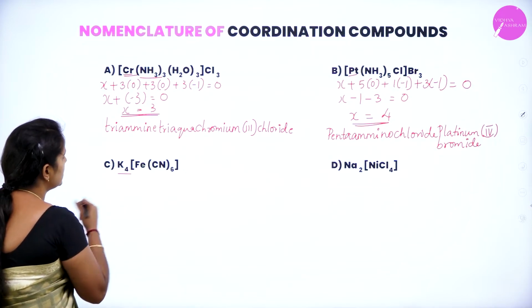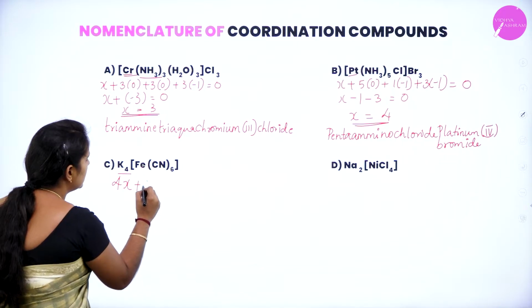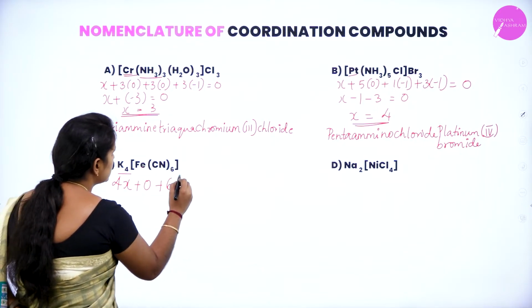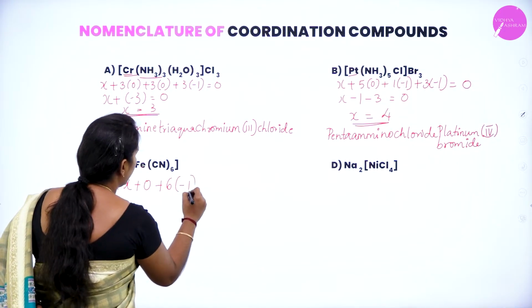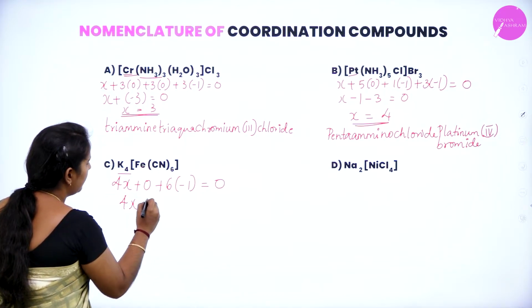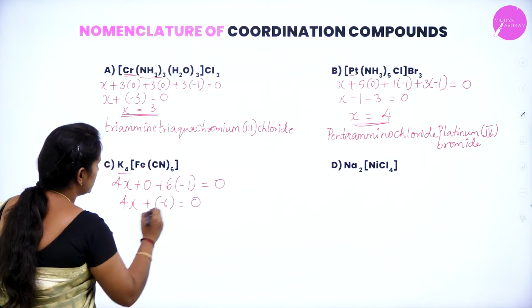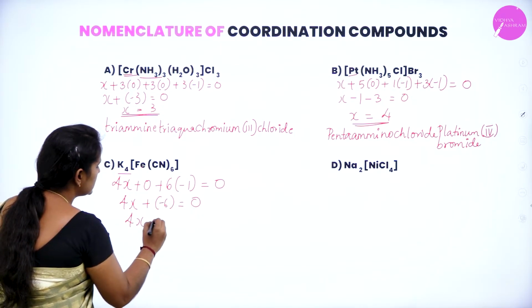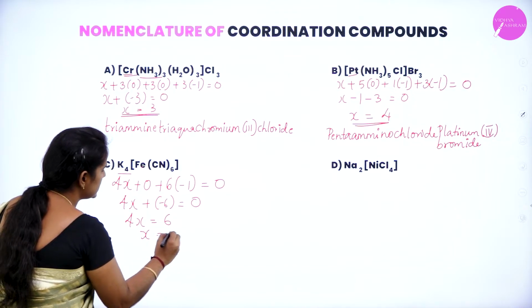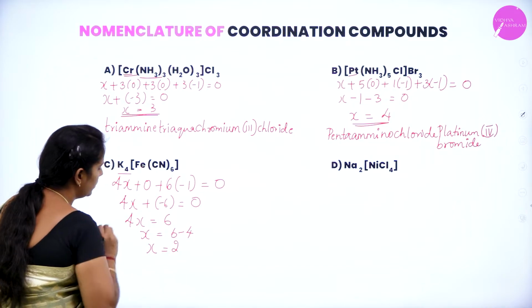So, I'll go with the calculation first. 4 into X plus 0 plus 6 into minus 1, which is equal to 0. So 4x plus minus 6 is equal to 0, 4x is equal to 6, and x is equal to 6 minus 4, which is equal to 2.